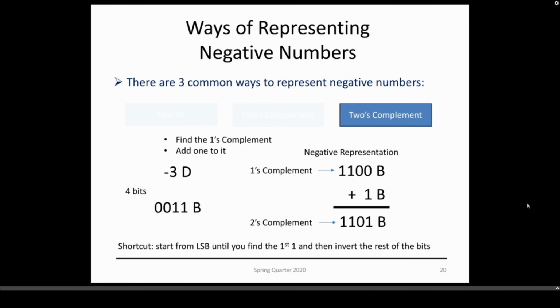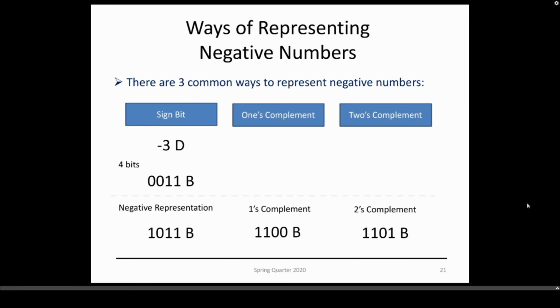I keep it as 1 and now I flip the rest of the bits. And notice that this answer is exactly the same answer that you got by doing the first complement plus 1.